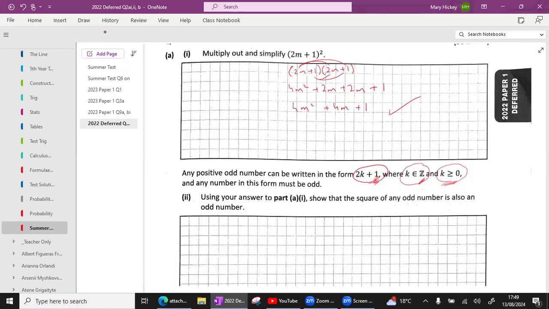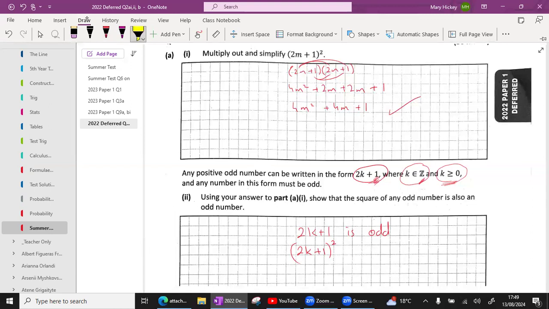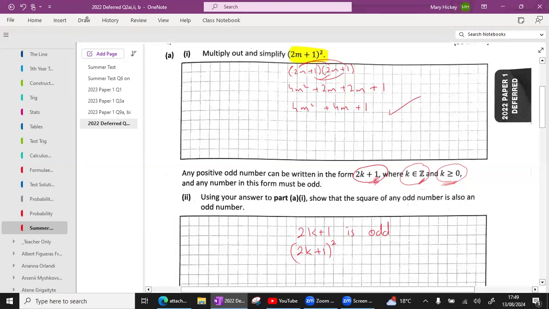Using your answer to part A, part 1, show that the square of any odd number is also an odd number. So 2k plus 1 is odd. Now, they want us to show that the square of any odd number, so in other words, if we were to square this, it takes the same format as above, other than instead of an m, we have a k.